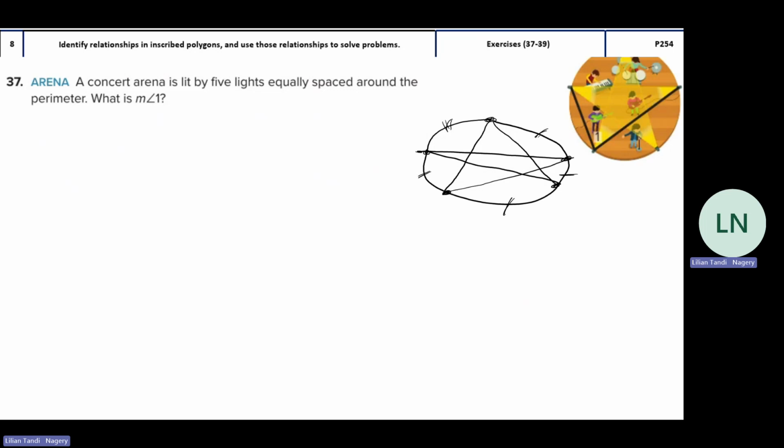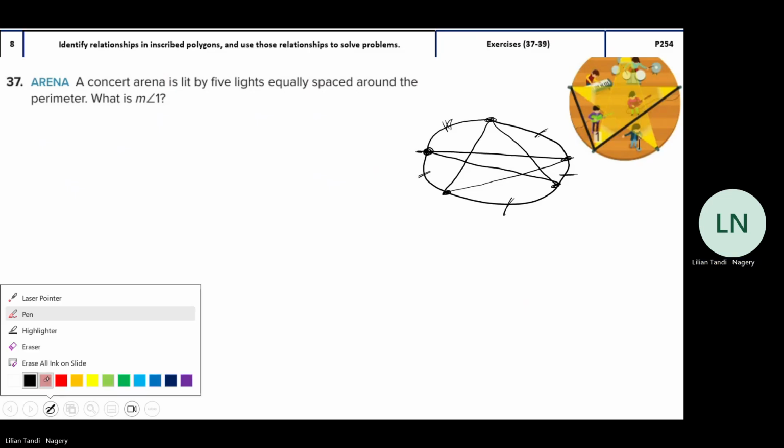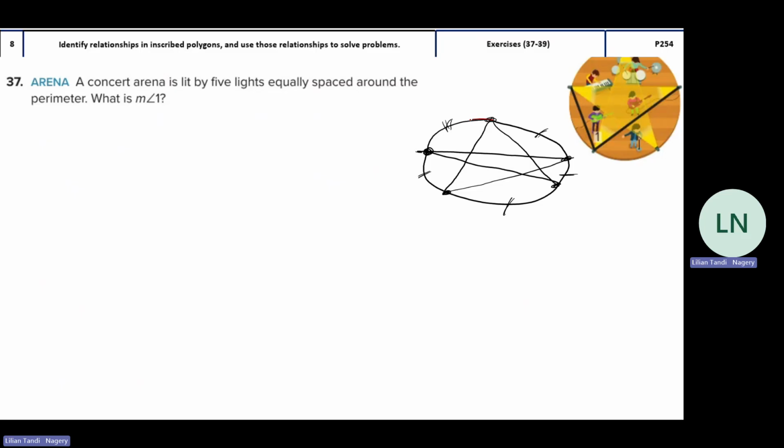So the distance from this point to this point will be the same as this distance here. The distance between your red points must be the same. And how many distances are those? They are 5.